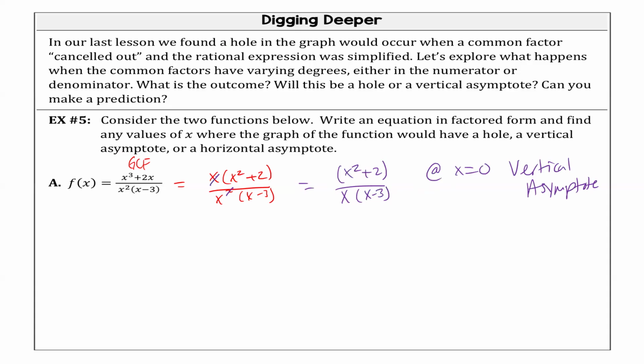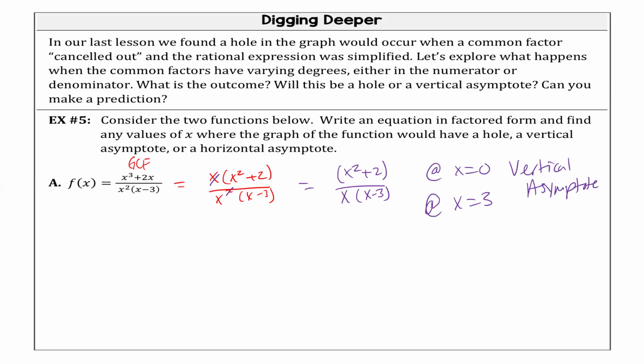There would be no hole because even though it eliminated, there is still a value left in the denominator. Does that make sense? And then we have another vertical asymptote at x equals 3. And why is that? It's still in the denominator.